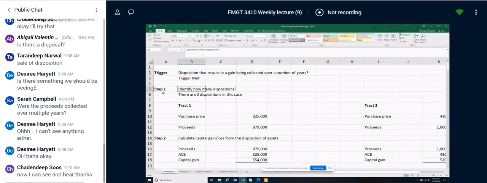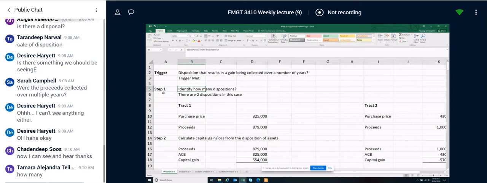Okay, the next, you have to identify how many dispositions, right? So again, just like before, even though each particular topic has their own steps, you always have to make sure you're trying to identify the number of dispositions that are in the question in case there are any deemed dispositions that you miss.